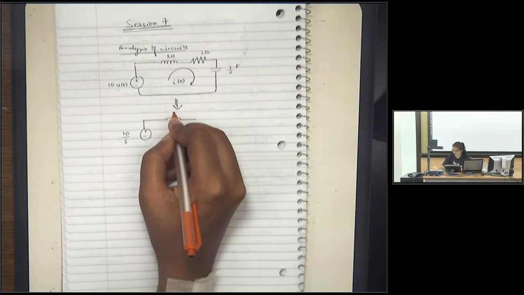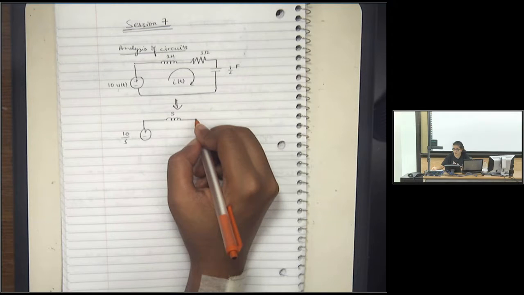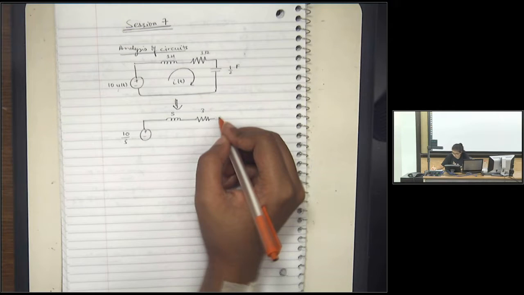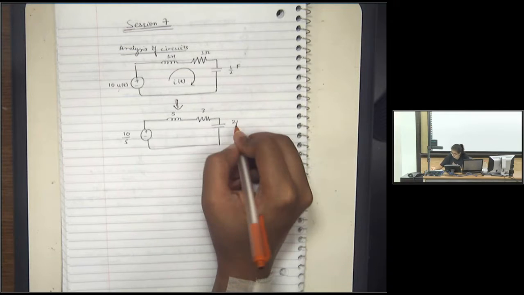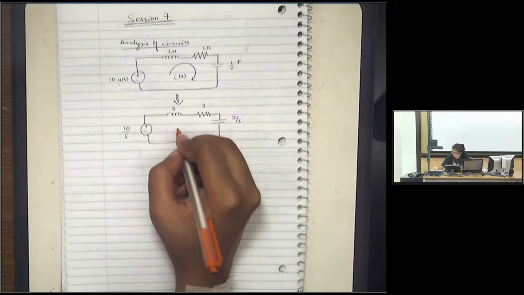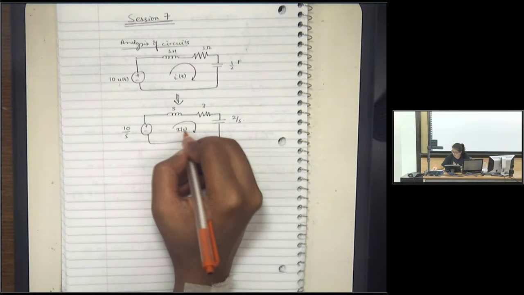Only S. So everything becomes a resistive component in S domain. Our resistor is just represented by 3, and our capacitor is represented by 2 over S, and our current will now be represented by I(S).